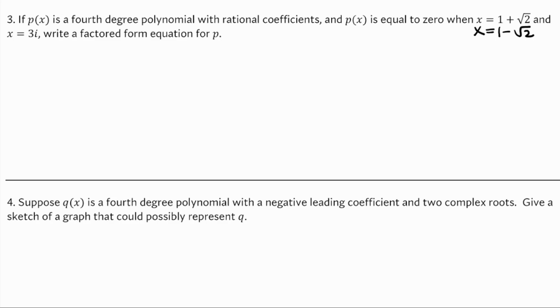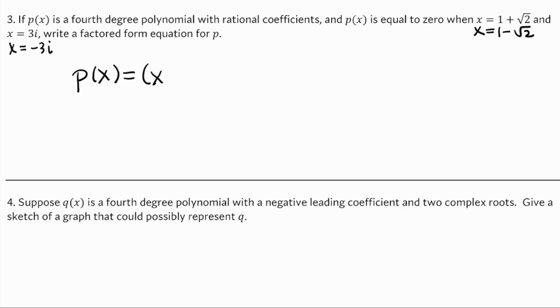We learned that in the last unit, and what we just learned this time is if x equals 3i is a root, then x equals negative 3i is also going to be a root because the polynomial has rational coefficients that are real numbers. So, factored form equation for p didn't say anything about the leading coefficient.